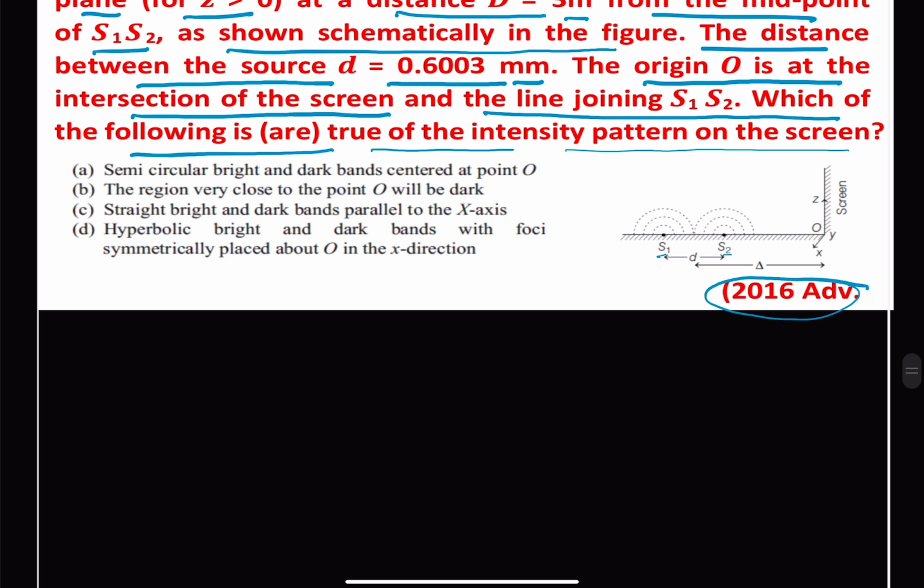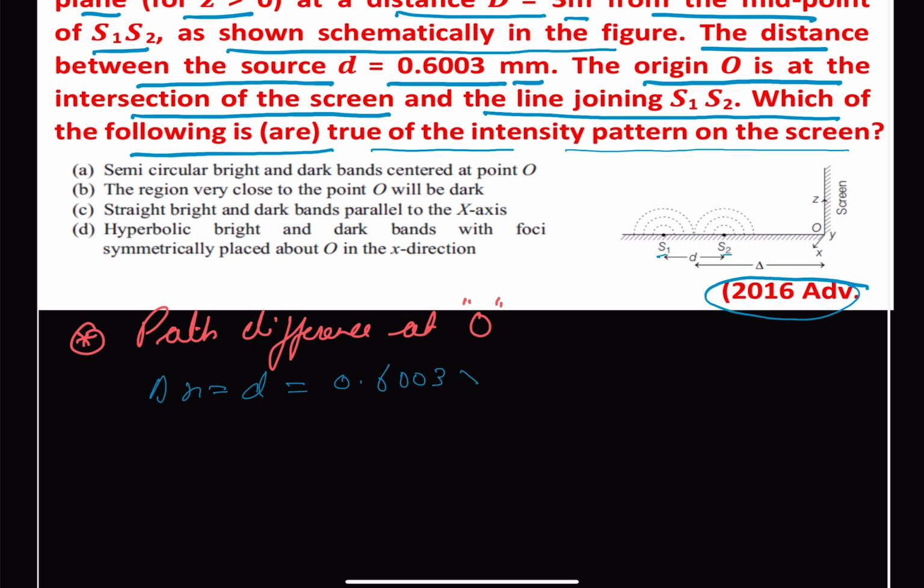So the path difference at point O, we can call it delta x. Then this delta x will be equal to d, which is given as 0.6003 into 10 to the minus 3 meters.